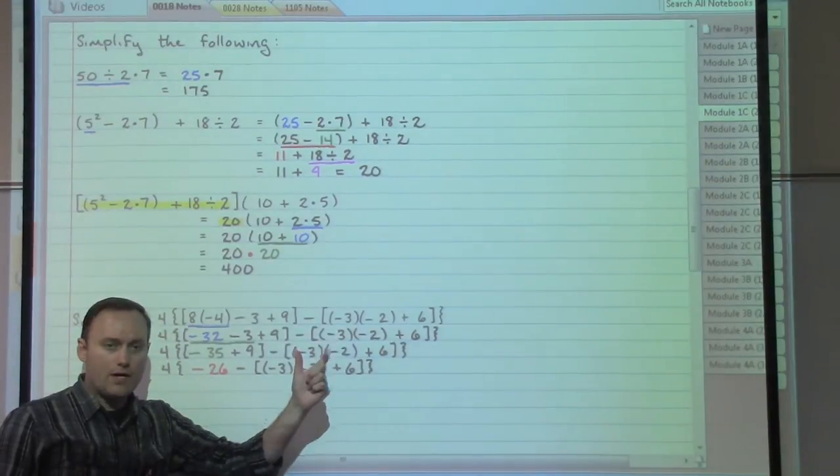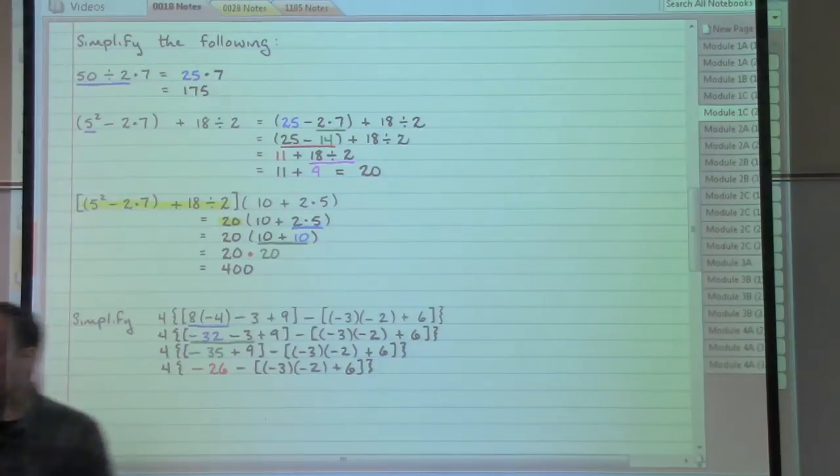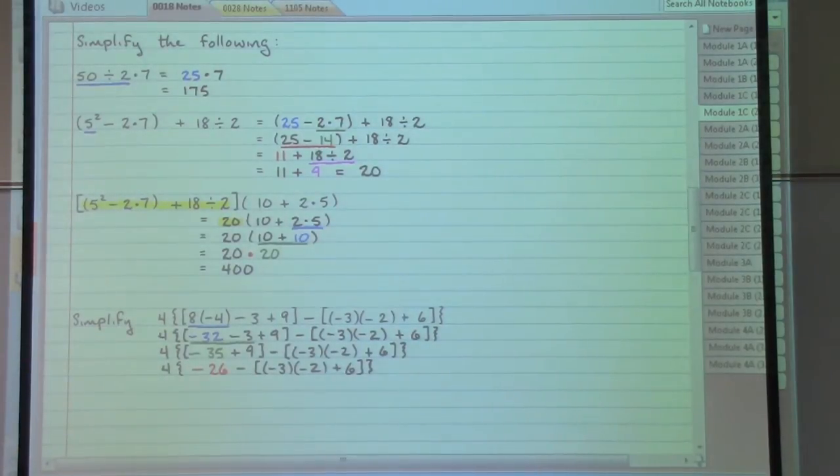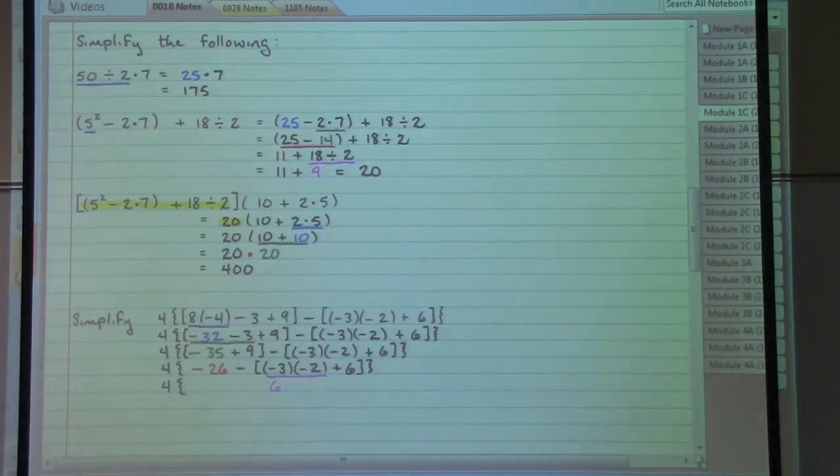According to my order of operations, times comes first. So, negative 3 times negative 2. Negative times a negative is a positive. 3 times 2 is 6. And again, I'm going to copy down all of the other things that showed up without doing anything else extra.